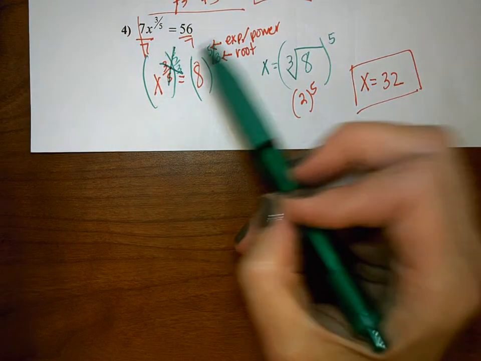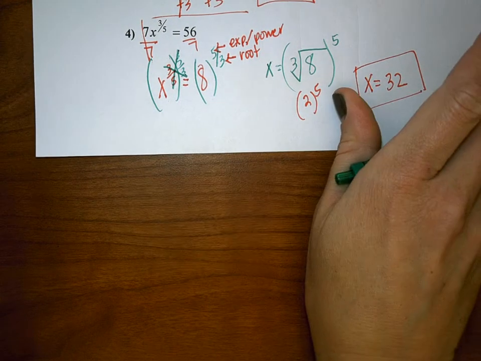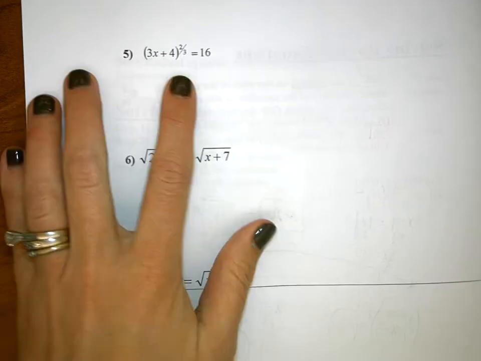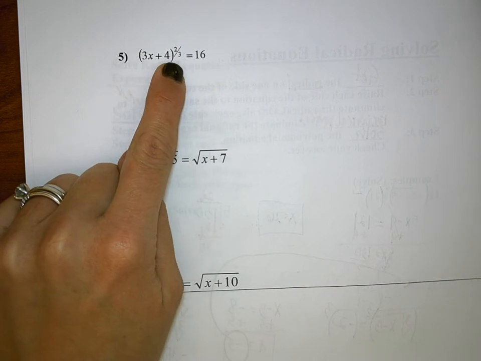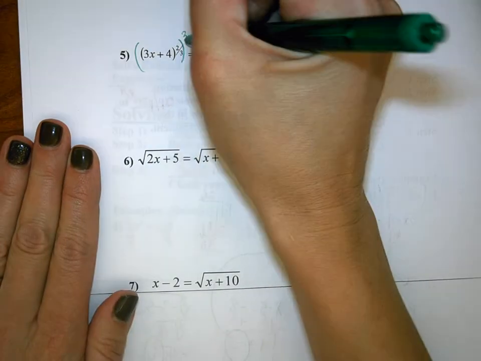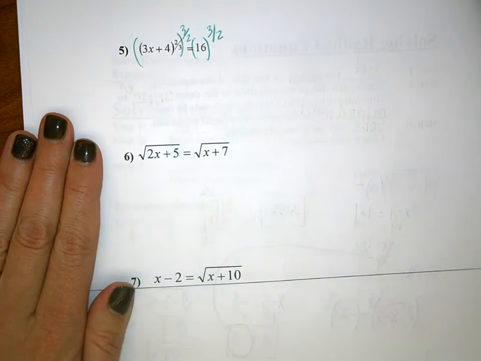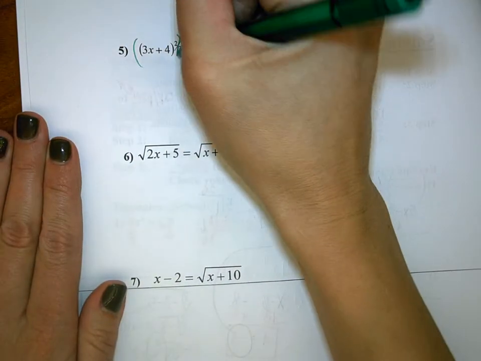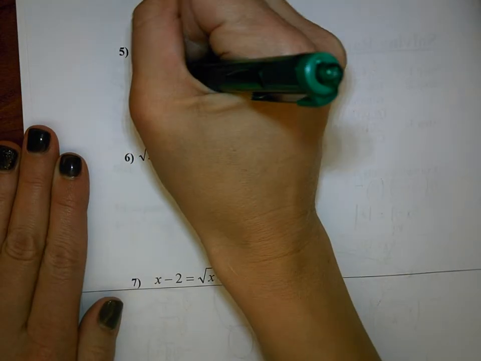So this was to the 3/5. We raised it to the 5/3 to get rid of that power or exponent. So on here, the power exponent's by itself. So we have to raise it to what in order to get rid of it? Exactly. And whatever we do to one side, we have to do the same thing to the other side. So right here, these cancel out, and I'm just left with 3x plus 4.